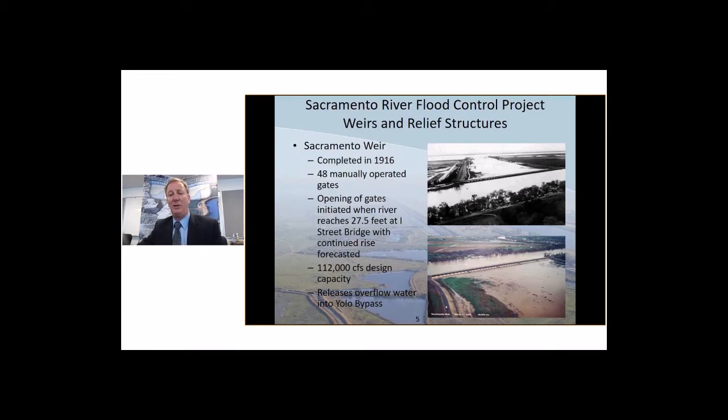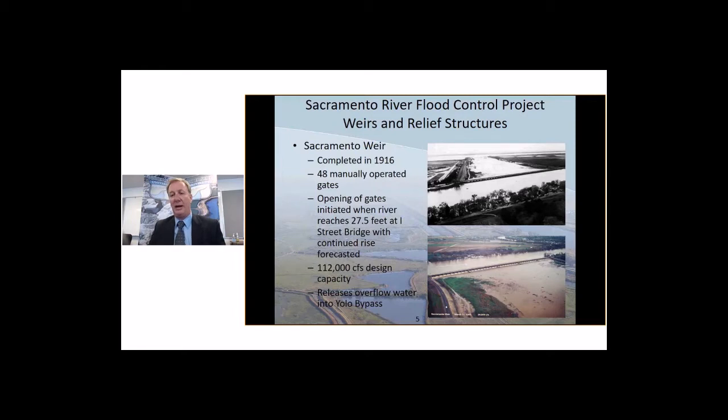There are 48 manually operated gates with flashboards, and as you can see during the high water events, it's of immediate interest to watch the Department of Water Resources when they open the gates. The operation of those gates is based on the stage at I Street, and right now it's at 27.5 under the old datum. The design capacity is 112,000 CFS, released into the Yolo Bypass.